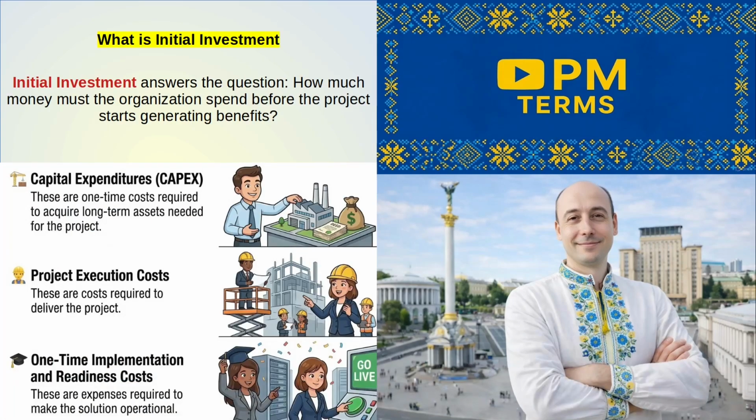What is initial investment? Initial investment answers the question, how much money must the organization spend before the project starts generating benefits? Initial investment typically includes three categories. Capital expenditures, CapEx.